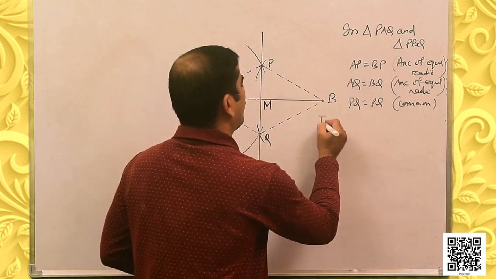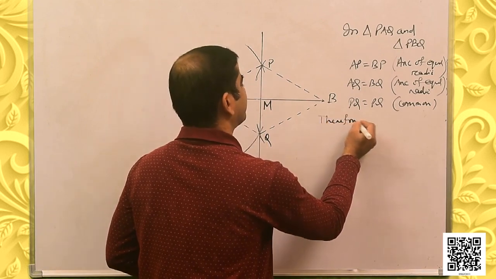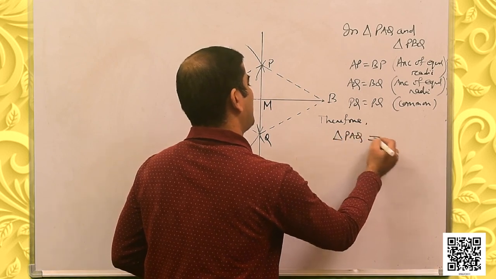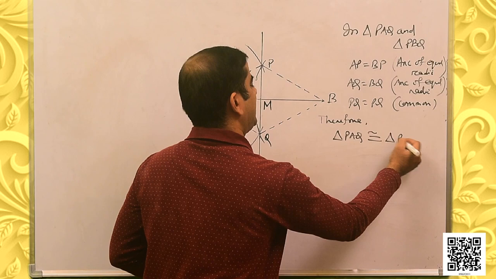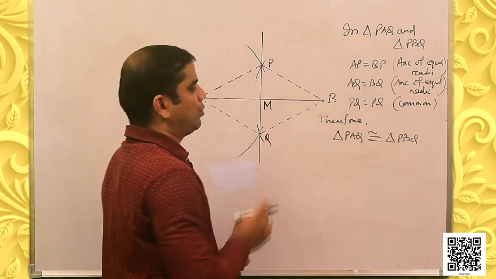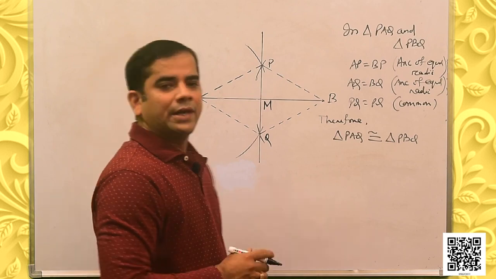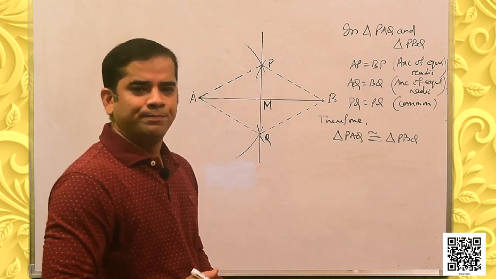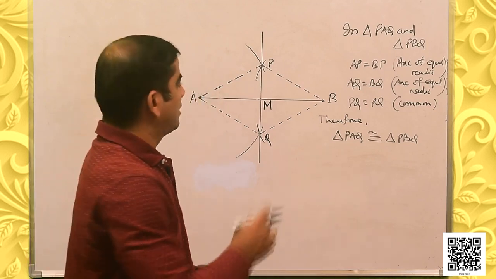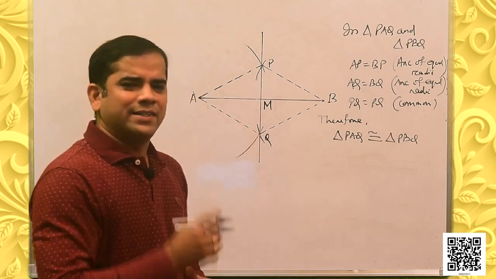Therefore, triangle PAQ is congruent to triangle PBQ. Fine. Now, what else?